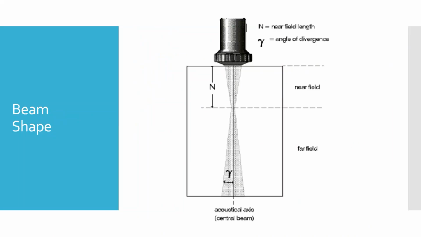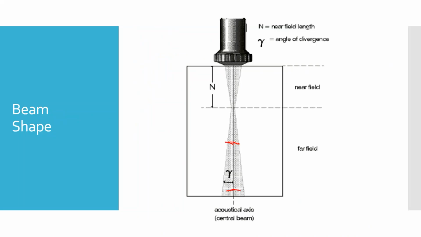Now, where that becomes important is, if you are looking for a flaw down here versus a flaw up here that are the same size, which one is going to have a bigger return? For two reasons, the one at the top.